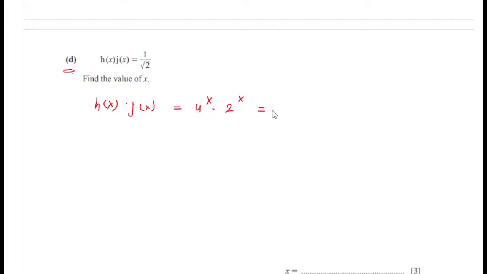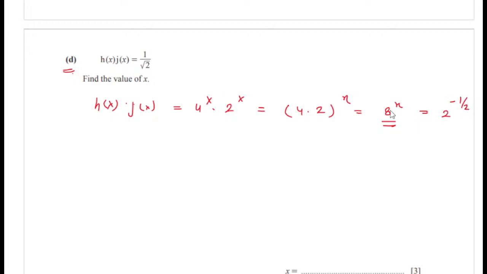Now this we can work out in two different ways. One way is that as the powers are the same, we can multiply the bases: 4 times 2 is 8, so this is 8 power x. Now on the right hand side it is given 1 upon root 2, which means 2 power minus half.